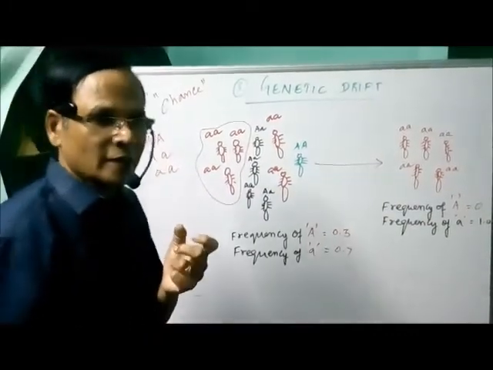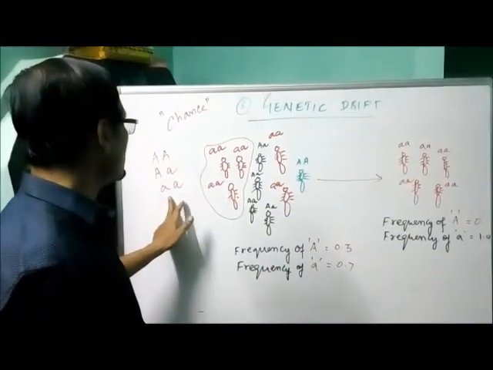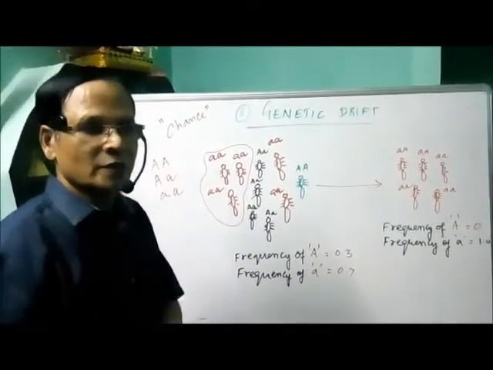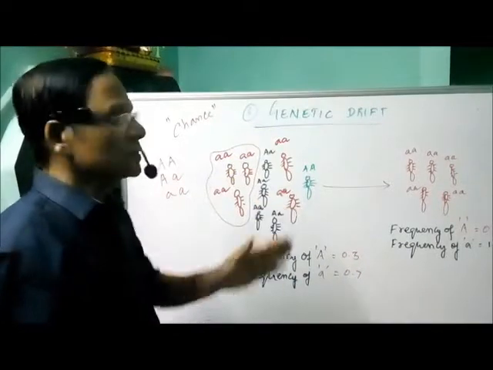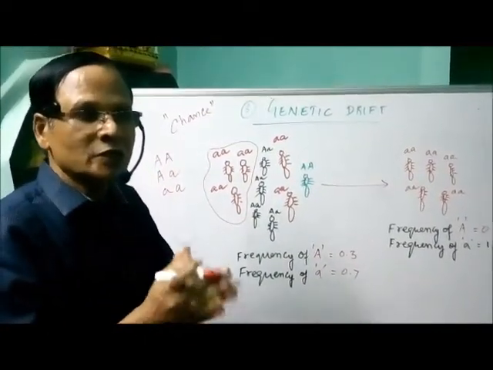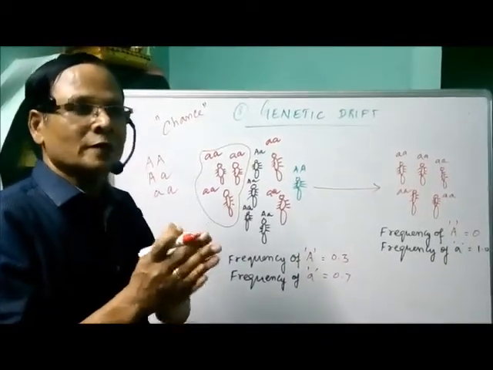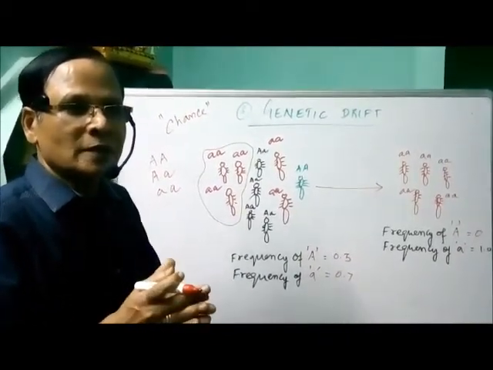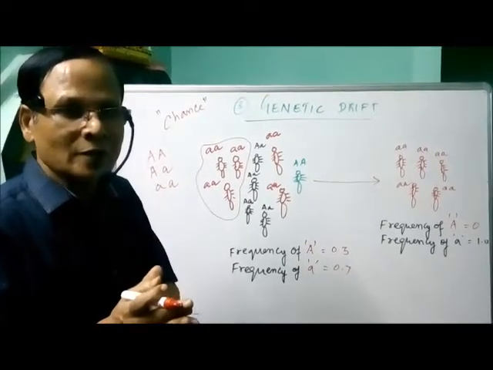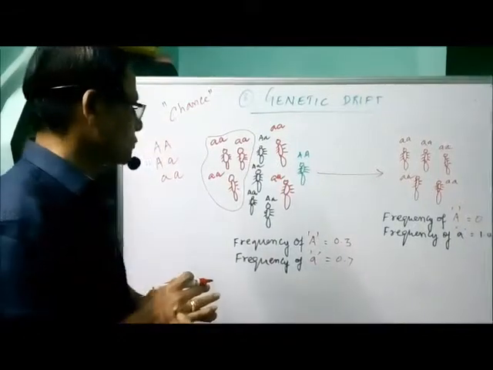If you are taking any character and have 3 different varieties based on the genotype, then it is called genetic variation. Genetic drift tends to reduce the amount of genetic variation by eliminating the individuals with less adaptive value. While eliminating the individuals with less adaptive value, it also eliminates the beneficial genes.